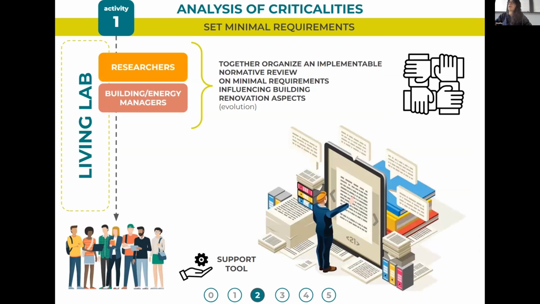This first activity can be conducted inside the living lab by the 2 main groups of researchers and building energy managers. Working together in cooperation, they can organize an implementable normative review of these minimal requirements, influencing building renovation aspects.